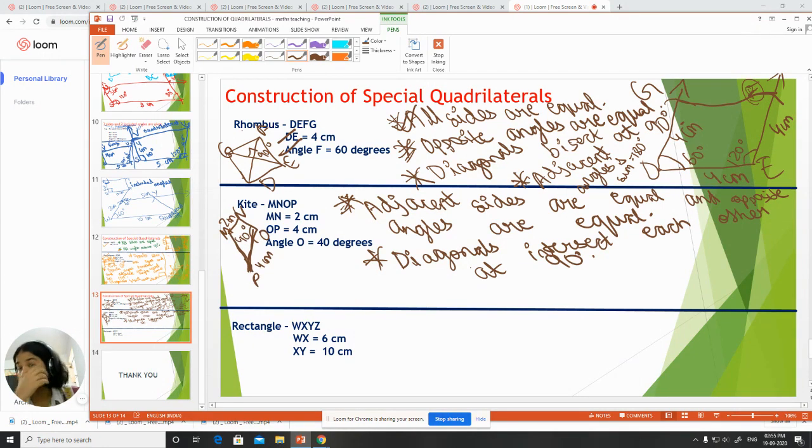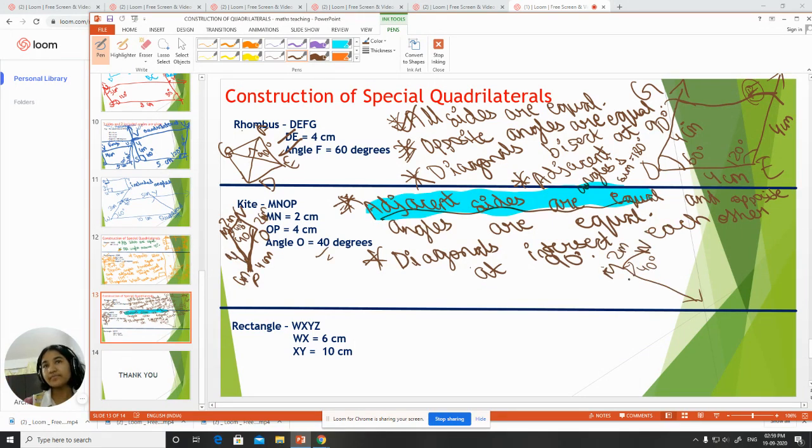Now let's construct a kite. Let's take PO to be the 40 degrees and we'll draw. Then M to P is 4 centimeters, so we'll cut an arc and mark it as P. Then it's clearly told that P to O is 4 centimeters.